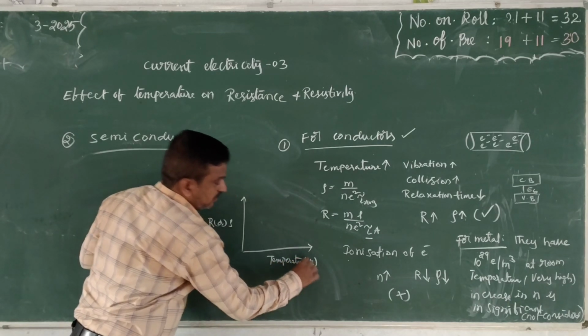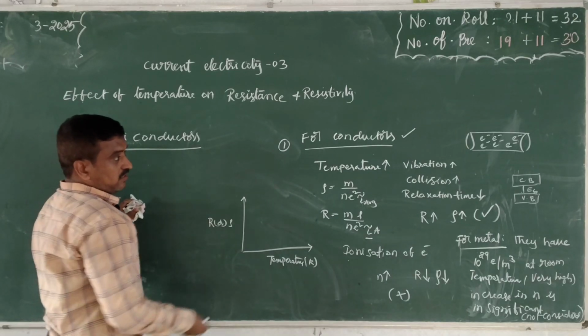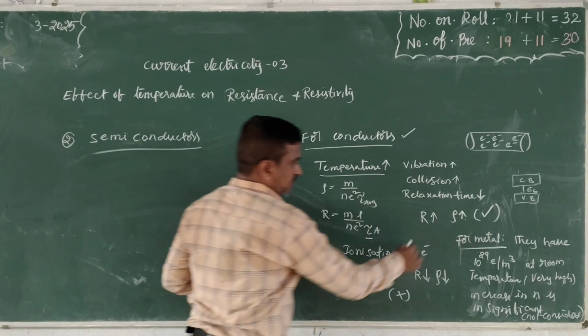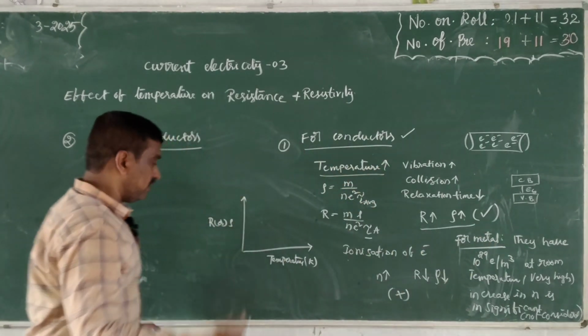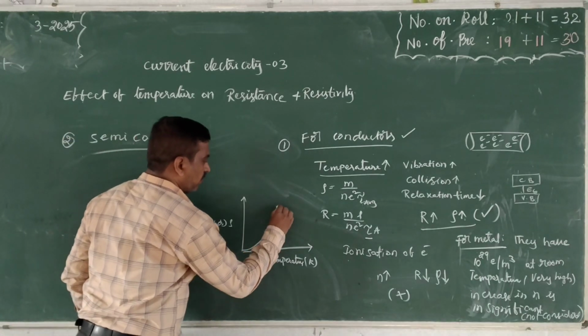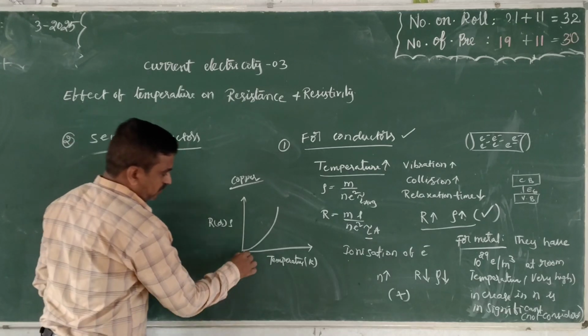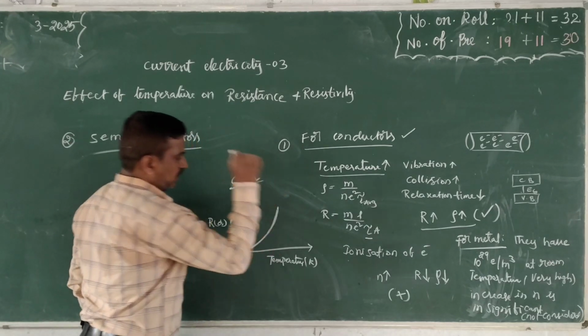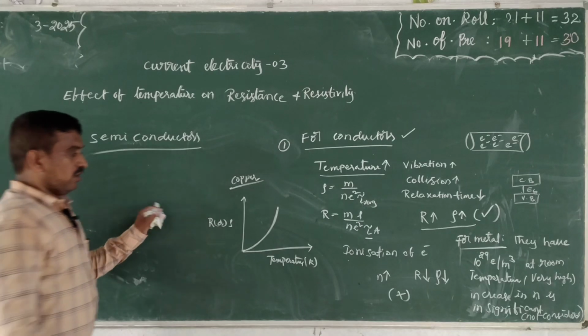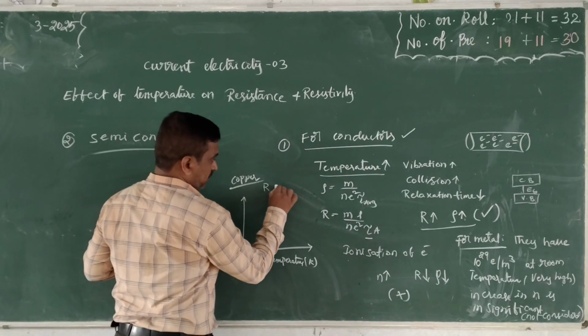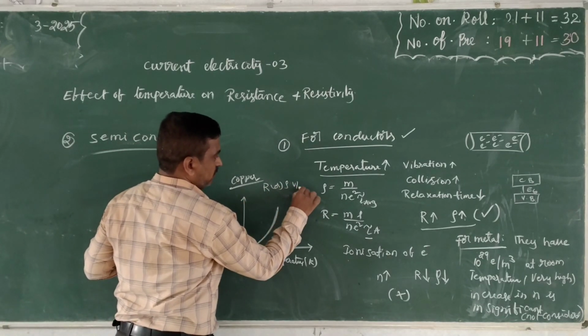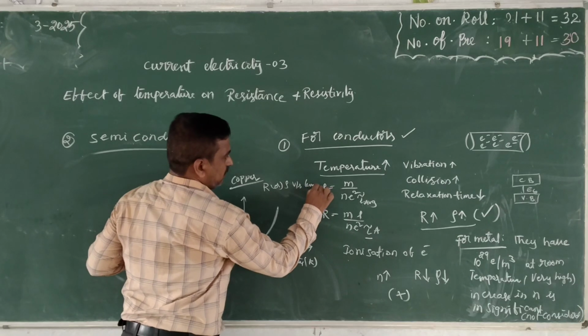See how it changes: as temperature increases, resistance and resistivity increase. This is the graph for a copper conductor, resistance or resistivity versus temperature.